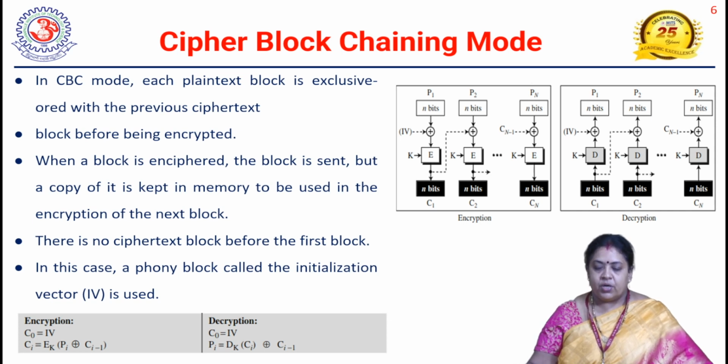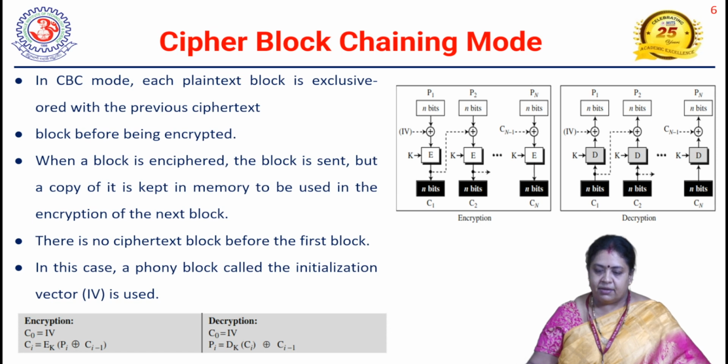Before giving the block of n bits to the encryption algorithm, first we are going to perform an XOR operation. This XOR operation is performed on n bits, and that is with the first block ciphertext. This is the initial stage.